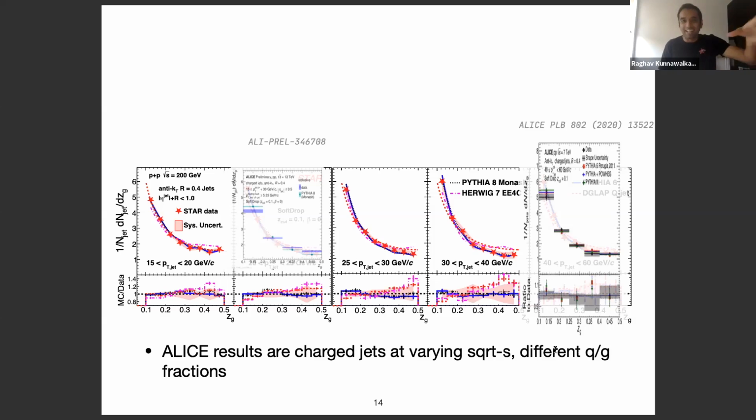You see that they lie on top of each other. And then on the left, you have 13 TeV collisions from ALICE pp, but with 15 to 30 GeV jets, so I put this roughly in that 20 GeV bin. The binning is quite different, but they are roughly the same. There are some differences here and there, but at high PT you see this universality of the 1/z shape. I thought that was cool.